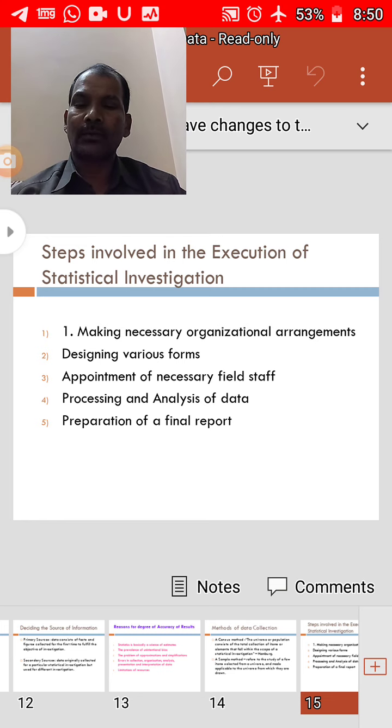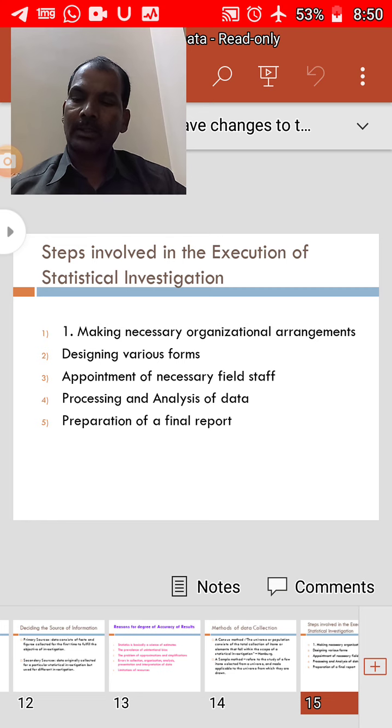After the selection of the investigators, they have to be properly trained, to equip themselves with the selection of sample, advanced techniques, and methods of data collection, various terms and references used in the questionnaire, and statistical techniques.